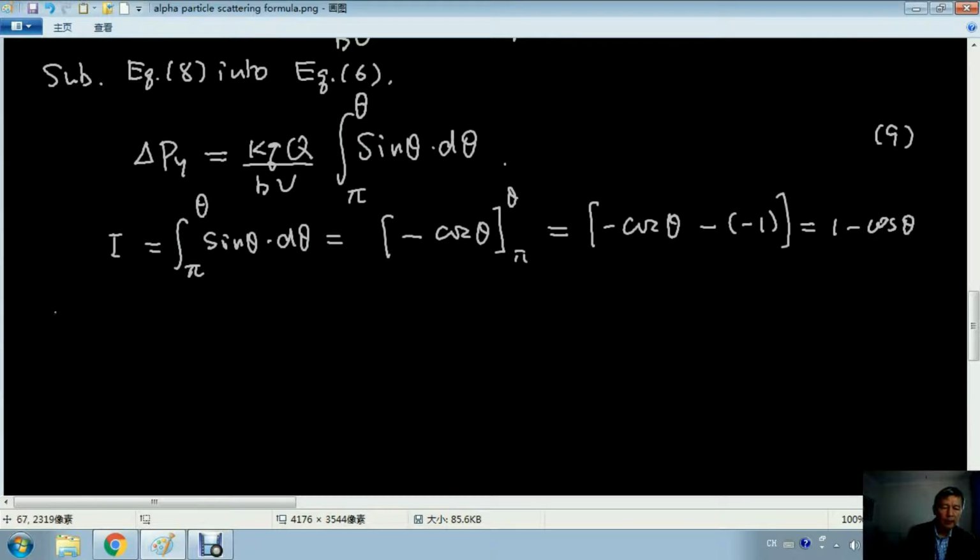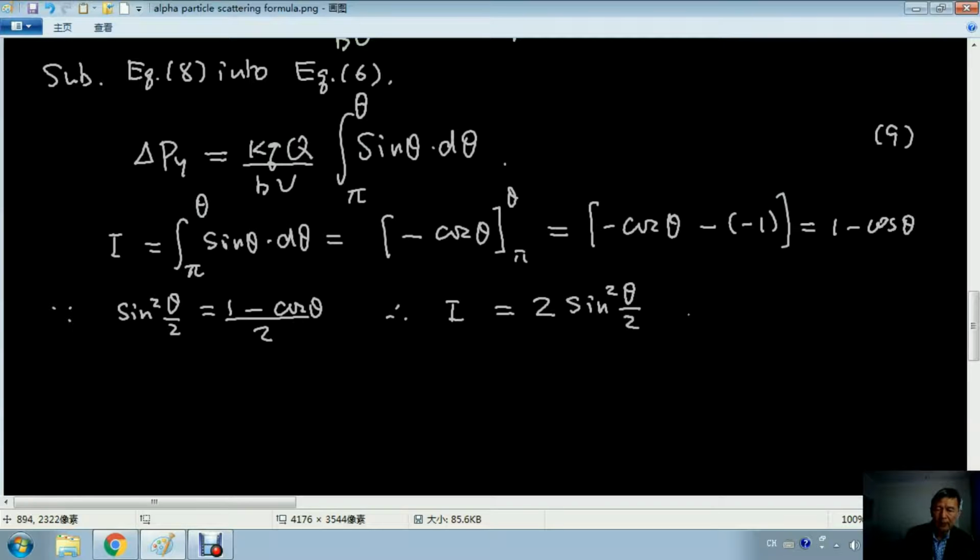We can use a formula in trigonometry, 2 sine squared half theta equals 1 minus cosine theta. So the integral can be rewritten with a 2 here, we get sine squared of half theta, the half angle. This is equation 10.